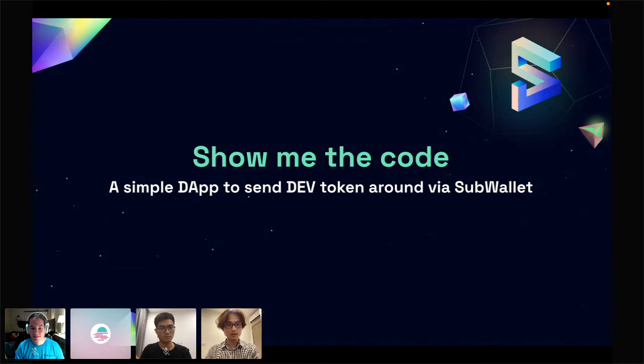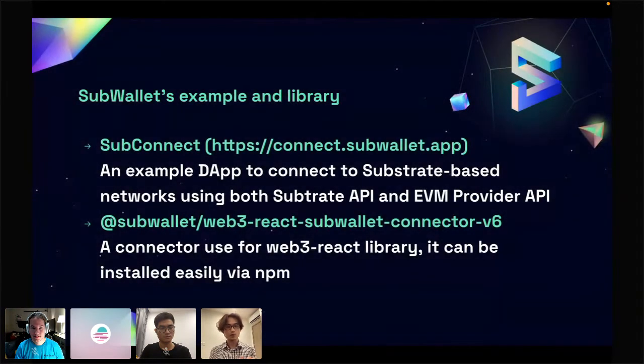So next, while developing Subwallet, for those who want to integrate Subwallet into your DApps, we provide some examples and libraries, so that it is easier for you to interact with Subwallet.